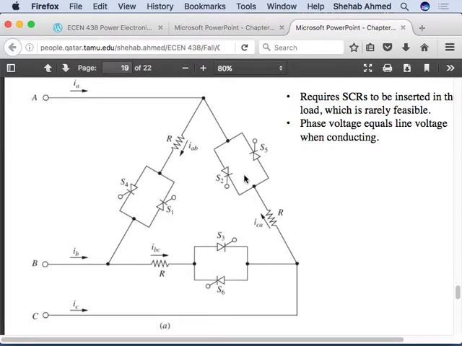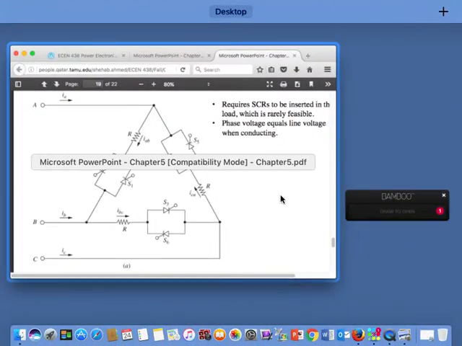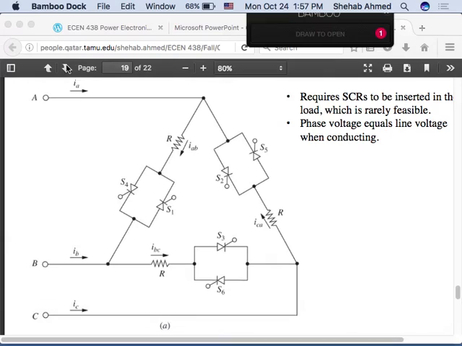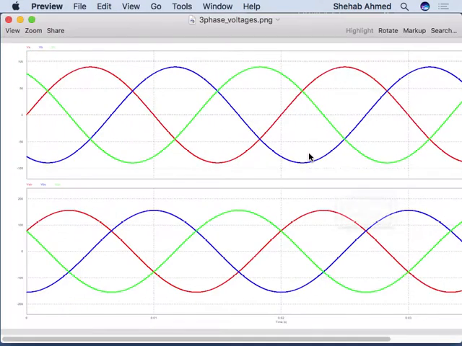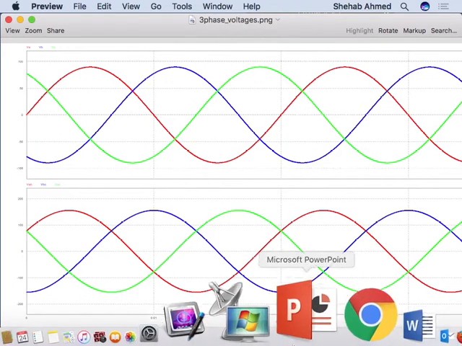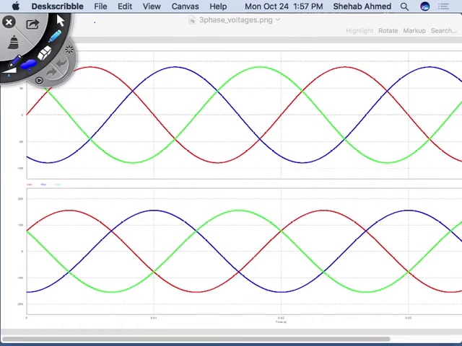And anytime thyristor 5 and 2 are on, I'm applying line voltage VAC across this resistor. So now if I look at my line voltage plots, this is VAB, VBC, and this is VCA, and then this is again VAB, VBC.